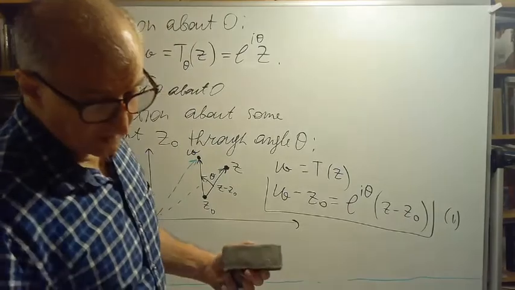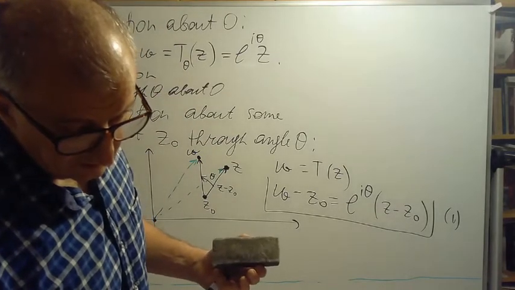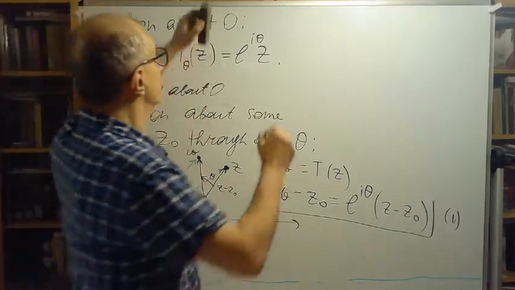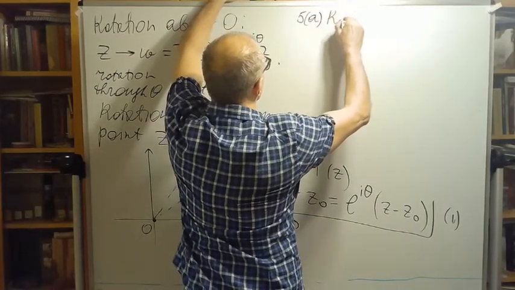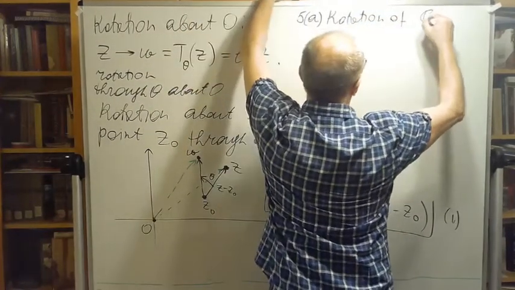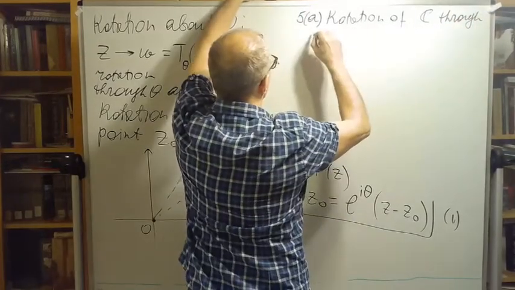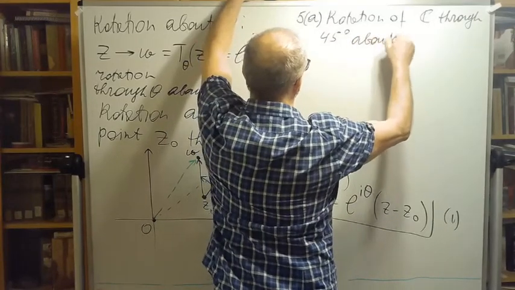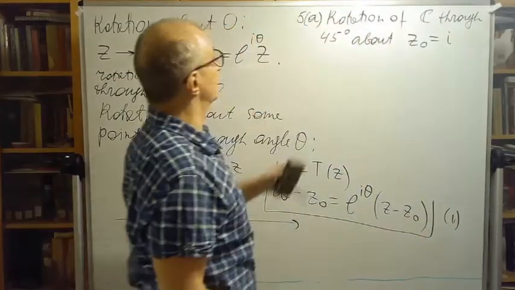Problem number 5a. Find the formula for rotating the plane by 45 degrees about the point i. Rotation of the complex plane through 45 degrees about, I will denote in my notation, Z0 equals i, about this point.